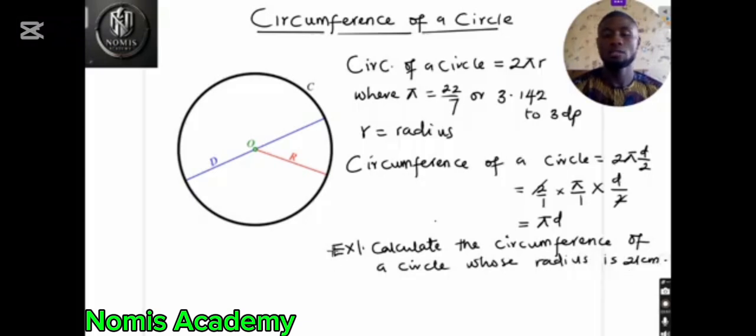So the question is asking us to calculate the circumference of a circle whose radius is 21 centimeter. I told you, whenever you are solving mathematics, the first thing you do is to introduce your formula to answer the question.